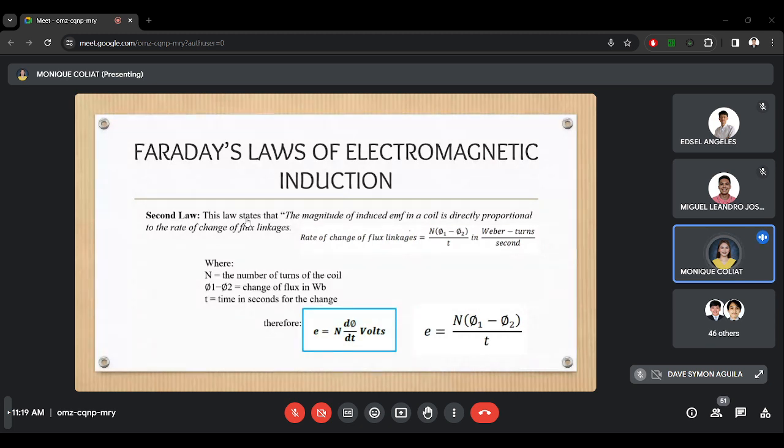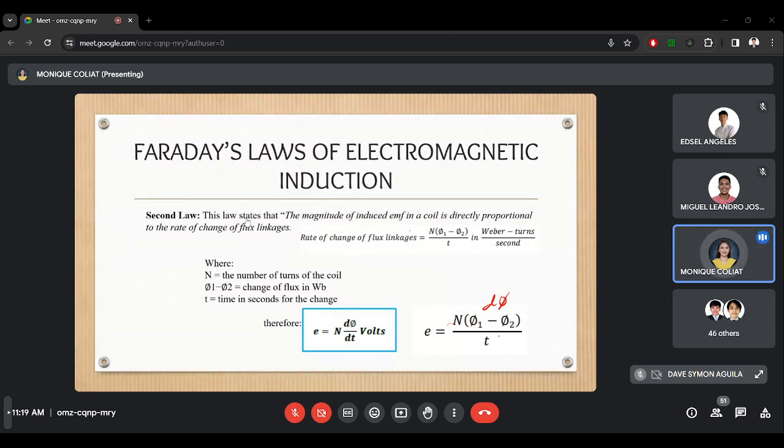Distance and time, so to measure that, change in x over change in time. Okay, so the induced EMF or the voltage induced in a magnetic circuit is equal to N times flux 1 minus flux 2 over time. This is the change in flux, flux 1 minus flux 2.